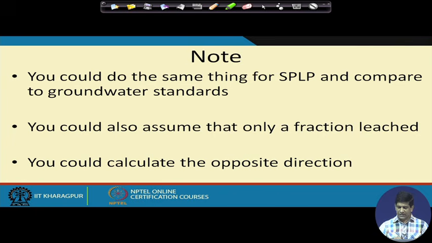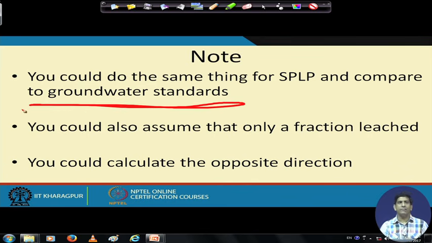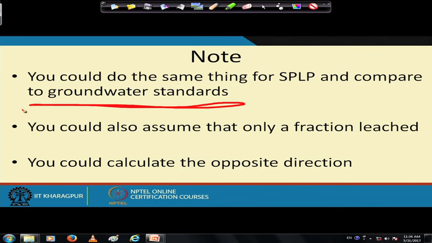That's why when we do this SPLP test, we compare that with the groundwater standard. But we'll come back and spend more time on SPLP when we talk about construction and demolition waste, because the C&D landfills are mostly exposed to rainfall, or we are trying to use C&D waste outside of the landfill. So we'll talk more in that context. And here, remember that in the problem that we just did, we assumed that there is 100% leaching.